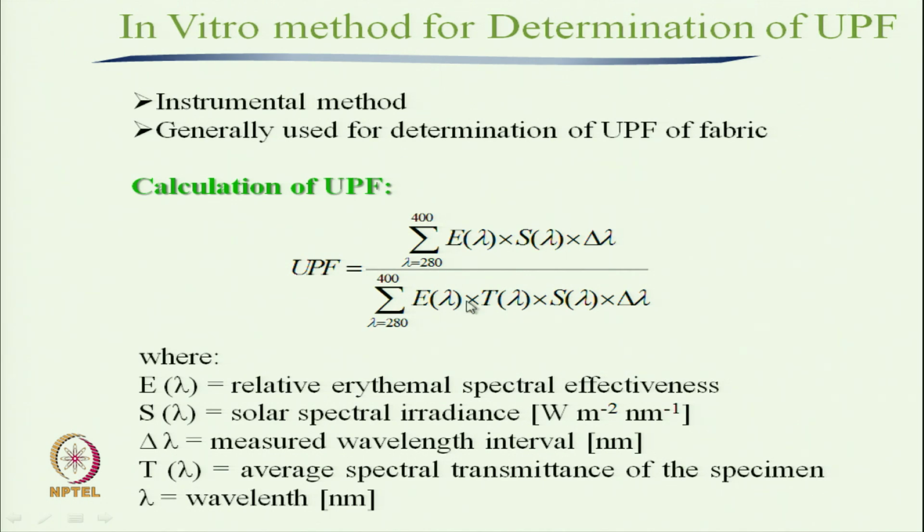We can calculate the UPF, and one thing we should mention here: E lambda is the relative erythemal spectral effectiveness, S lambda is the solar spectral irradiance, and delta lambda is the measured wavelength interval in nanometers. So, here lambda ranges from 280 to 400; these are the ranges coming through the ozone layer.